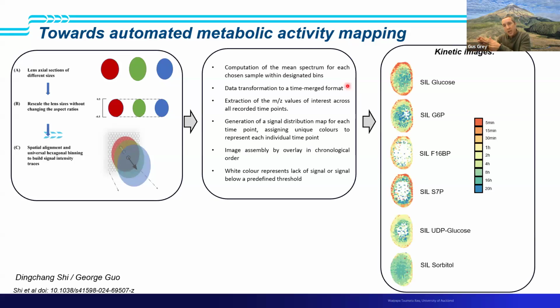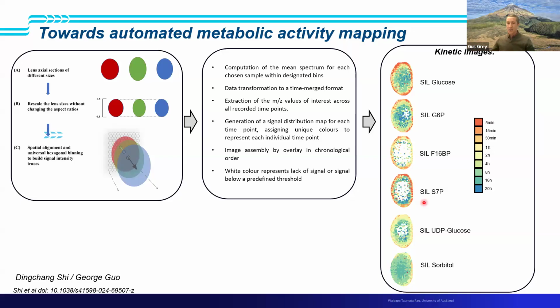And then we're able to color code the timing of the appearance of those different signals. So we're loosely calling these a kinetic multi-image. Earlier time points are in the red, later time points in the blue. And hopefully you can see for all of the different labeled metabolites that we see, we can build up a timed map of their appearance in our model lens system.